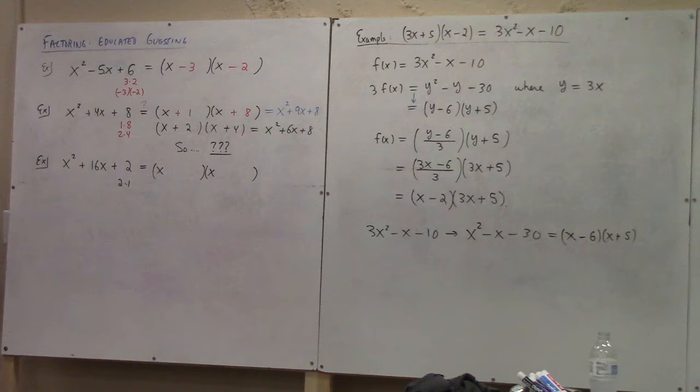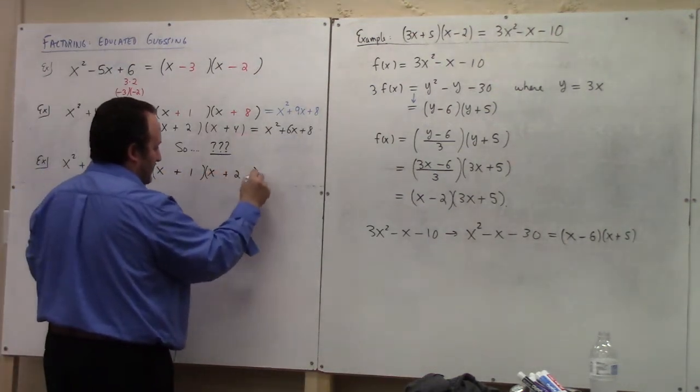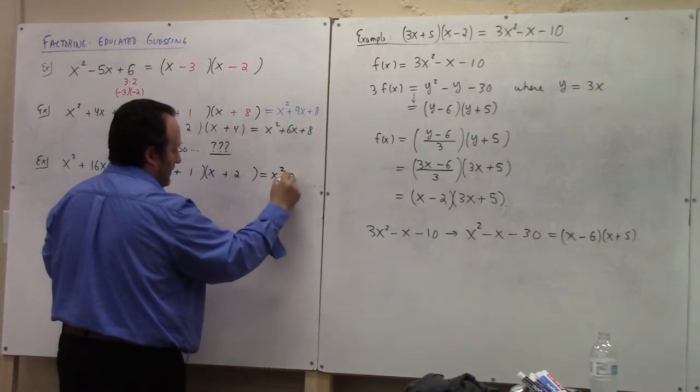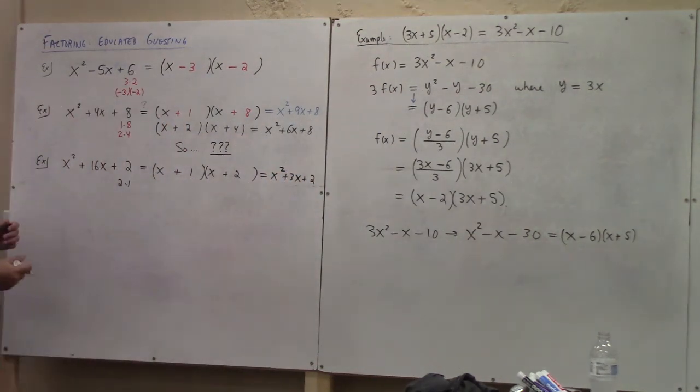So the only thing we could really try here would be plus 1 plus 2, and that's x squared plus 3x plus 2, right? So again, it's not working, right? But there's one left down on the test. So question mark, yeah. So there's another way, right?